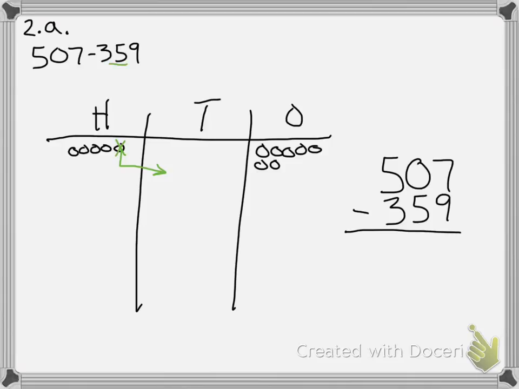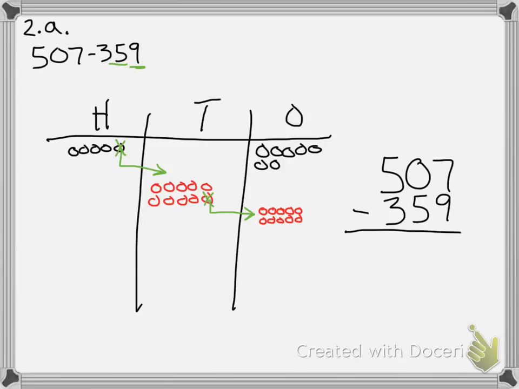So I'm going to go ahead and draw this in. So I've got 1, 2, 3, 4, 5, 6, 7, 8, 9, 10. Then I need to unbundle this and get it all the way over to there, because I need to once again subtract 9 from over there, and I can't do that yet because I've only got 7 in the ones place. So 1, 2, 3, 4, 5, 6, 7, 8, 9, 10.